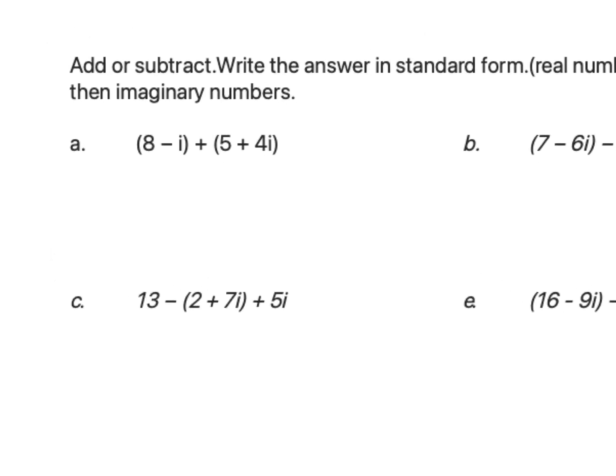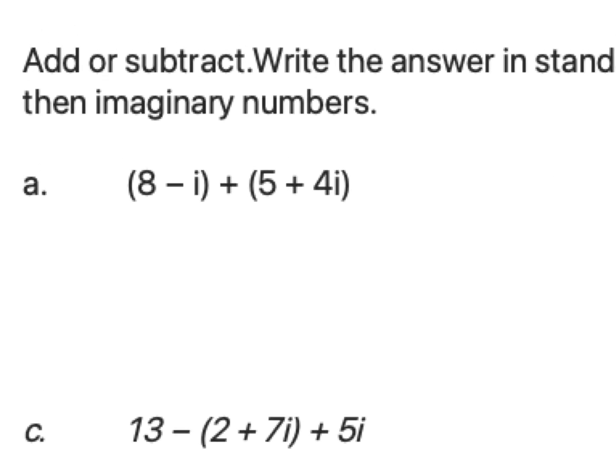Okay, so let's look at this one. We have 8 minus i plus 5 plus 4i. Well, if we have an addition sign in between here, that just means that we can drop the parentheses and combine our like terms. So if I'm thinking about what I have for like terms, my real numbers are 8 and 5. My imaginaries are negative i and positive 4i.